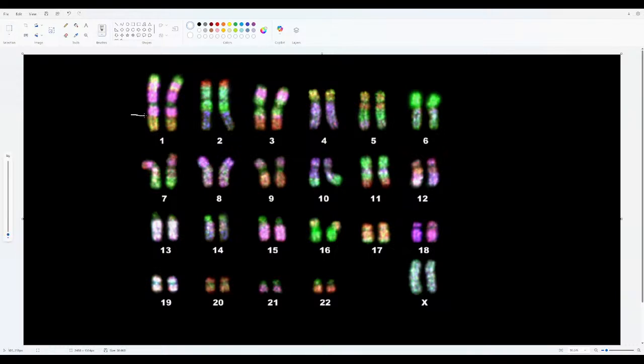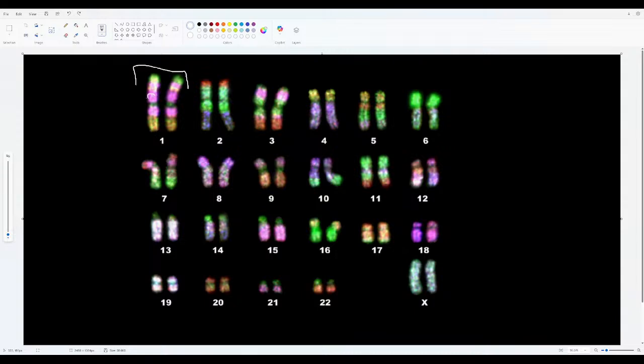And as you may notice, we have this pair, which is similar to each other, and we have this pair, which is similar to each other, and vice versa, all until we hit the X chromosome, which are the sex chromosomes. So if we look within this one pair, this pair is very similar to each other.